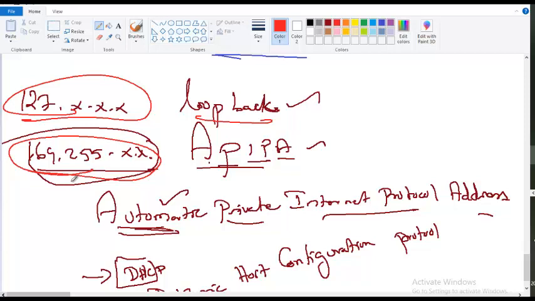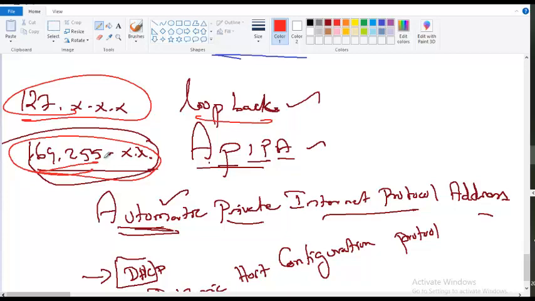Right? So, 169.254, what class does it actually belong to? Sorry, Class B. So in Class B, this particular range of addresses is not a valid address.